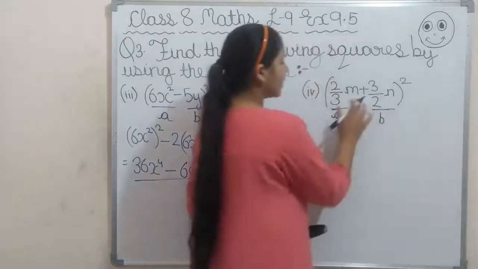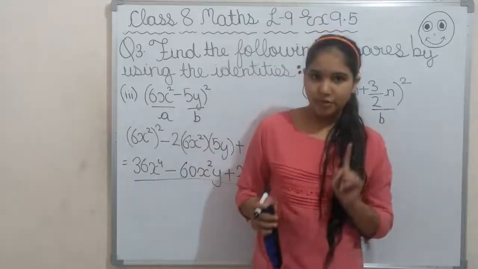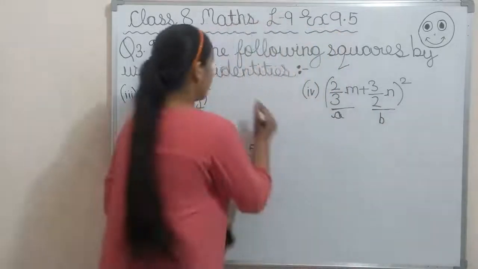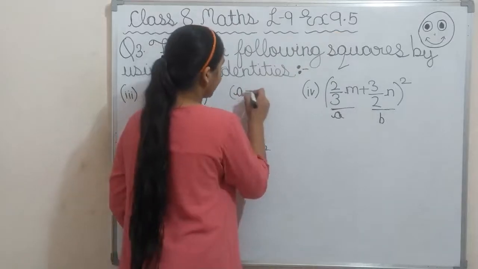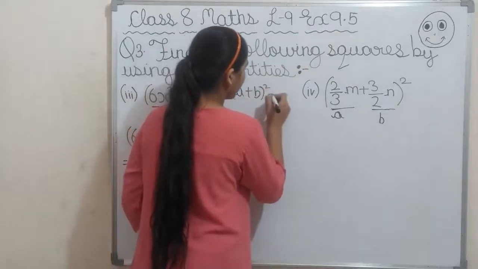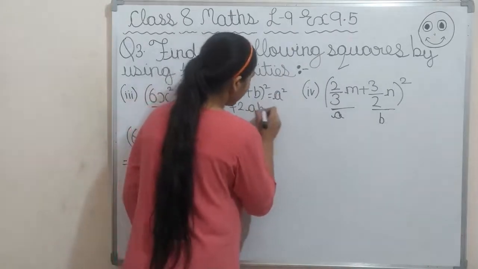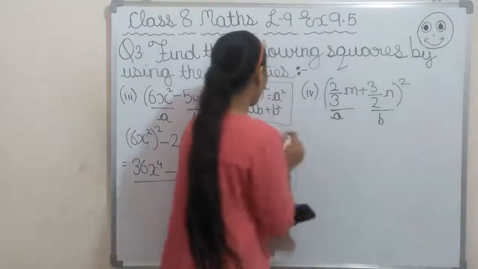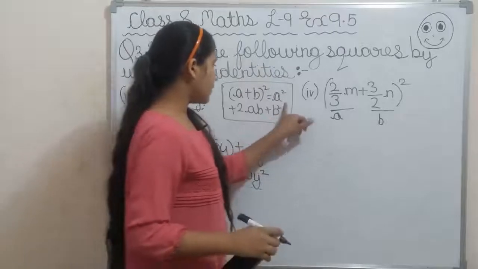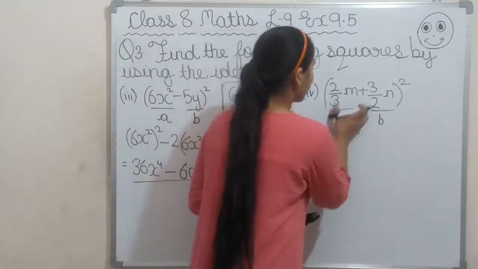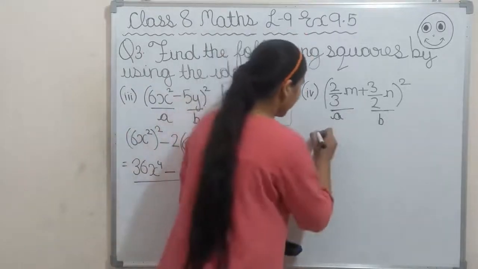Okay, so here plus is there, so we are going to use the first identity. A plus b whole square is equals to a square plus 2ab plus b square. Here a square is given, so a square means (2 by 3 m) square we have to write.